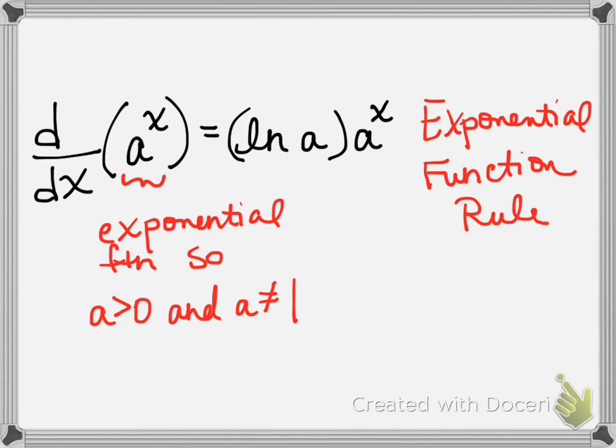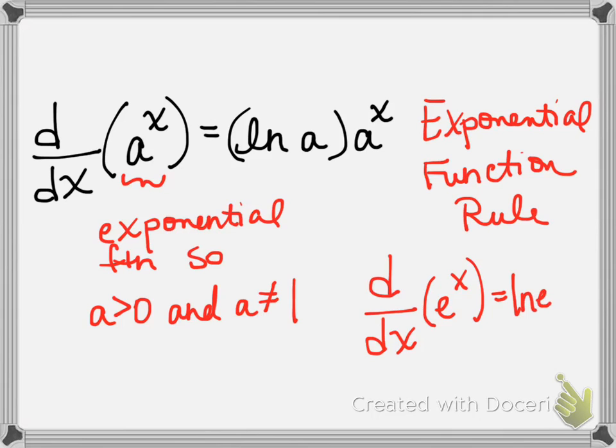If we wanted to take the derivative of a very special exponential function, e to the x, we would get the natural log of e times e to the x, and of course the natural log of e is 1, so we get e to the x. A very nice function to take the derivative of. The derivative of e to the x is just itself, e to the x.